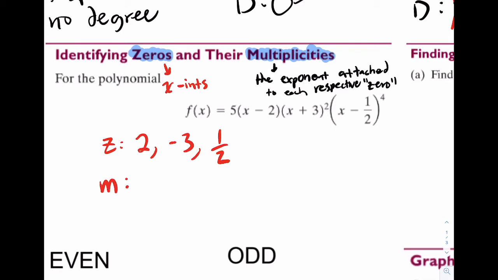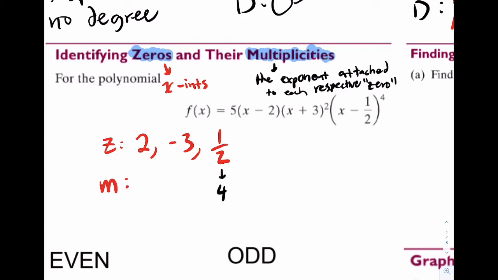And I'm going to put zero in quotes because I'm referring to each of these expressions that created each individual zero. So for example, this 1/2 came from this expression. The exponent that's attached to it is a 4. So we're going to say the multiplicity is 4.